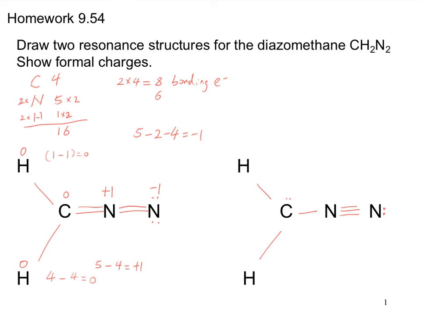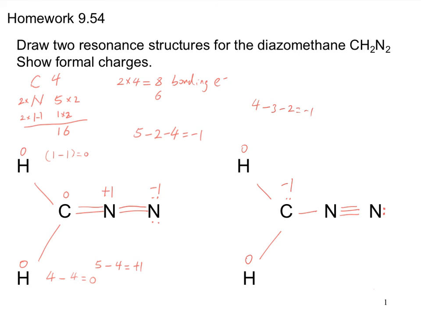You can try other ways, and you will find out this is the second best resonance structure we can have. Now we look at the formal charges. Hydrogen, no change. For carbon, the formal charge is 4 valence electrons from the neutral carbon atom minus 3 bonds and 2 lone pair electrons, which is negative 1.